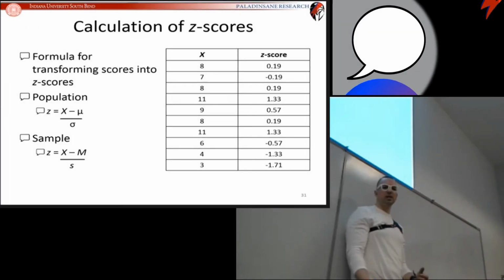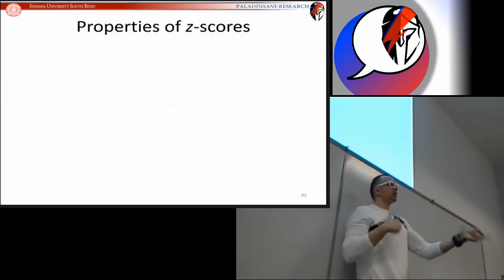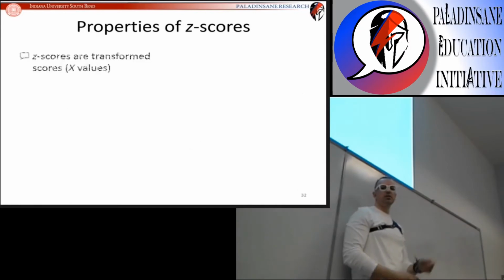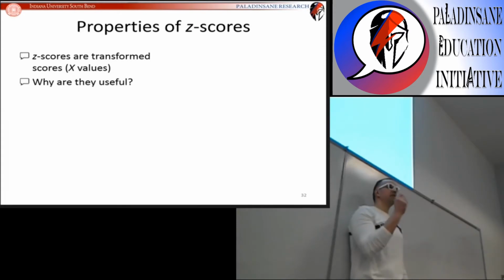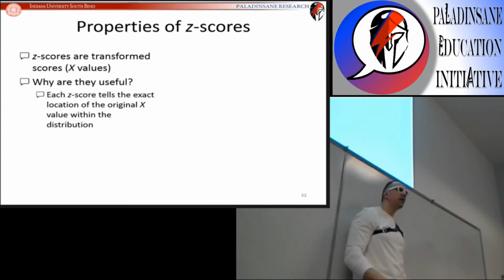All right, so that's a calculation of z-scores. We looked at the characteristics and the calculations. So just a few more properties of z-scores just to hammer this home. Why are they useful? They're useful because each and every single z-score tells you where your score is with respect to its distribution. It gives you the location of the score.